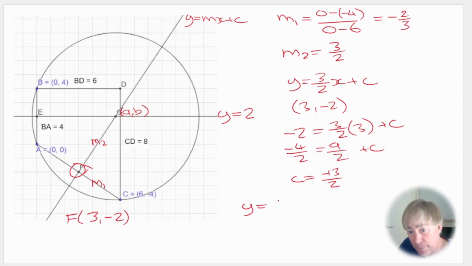So we now have our full equation, y equals 3 over 2x minus 13 over 2. Okay, so that is my second equation. So literally have this equation and this equation to solve simultaneously. It's actually not too difficult to do, because all we've got to do is sub 2 in place of y. I'm going to do that on my next slide.